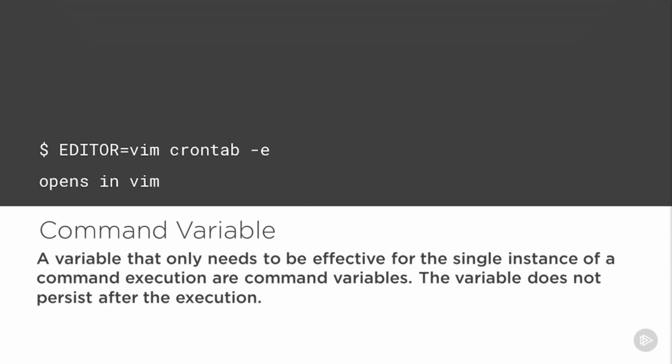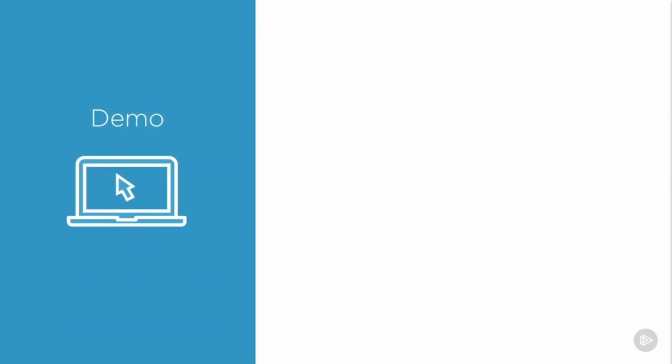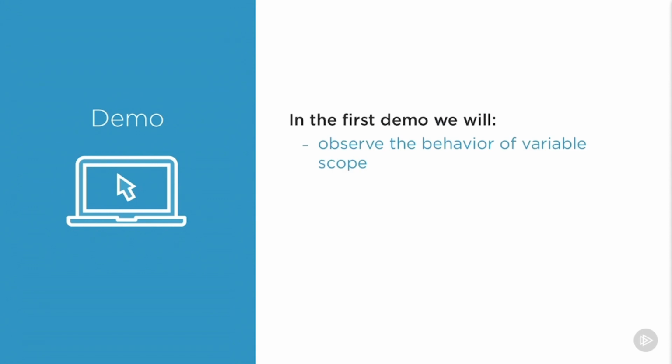So it's going to open up in Vim, but if we ran crontab -e after this without the editor variable, then it's going to open up in the default. So why don't we go through and take a look at the command line and start to understand this variable scope? So looking at the different behavior when we set local, environment, and command variables.